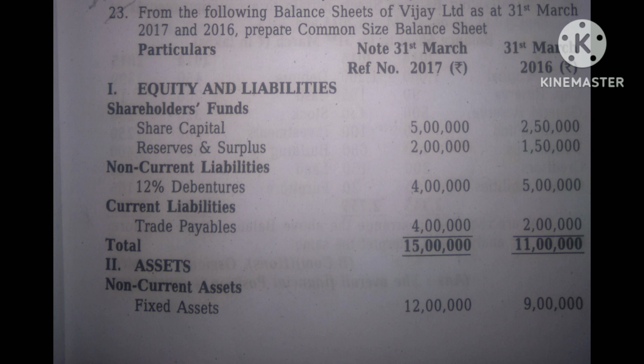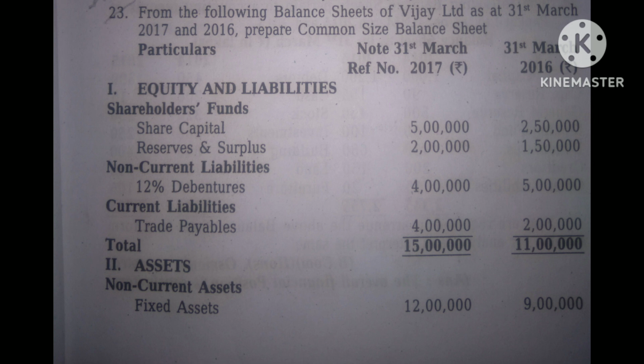Reserves and surplus 2017 is 2 lakhs and 2016 is 1,50,000. And non-current liabilities 12% debentures 2017 is 4 lakhs and 2016 is 5 lakhs. Current liabilities, trade payables 4 lakhs for 2017, 2 lakhs for 2016, and the total is 15 lakhs for 2017 and 11 lakhs for 2016.